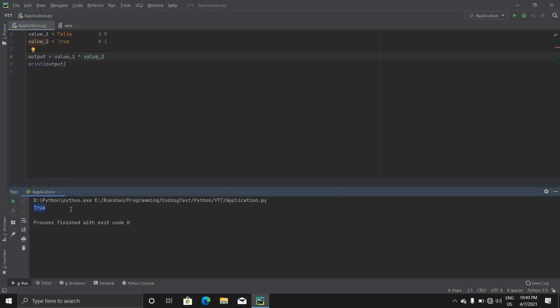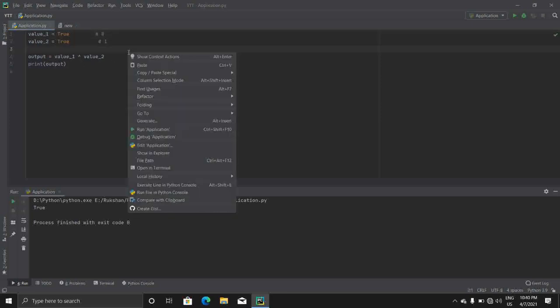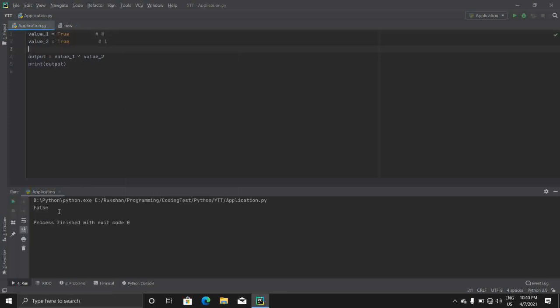Here we get true, because when we pass true and false, these are different values. When the two input values are different, we get true. But when the two input values are equal, we get false. Yes, you can see we get false.